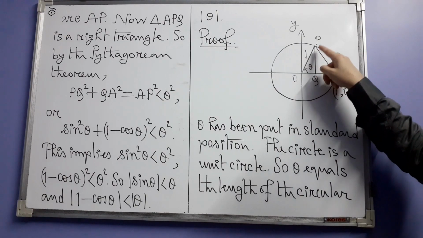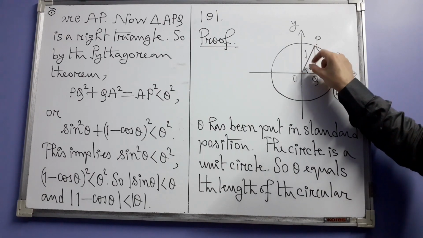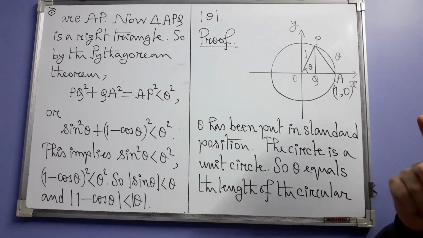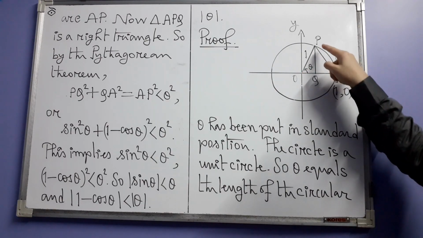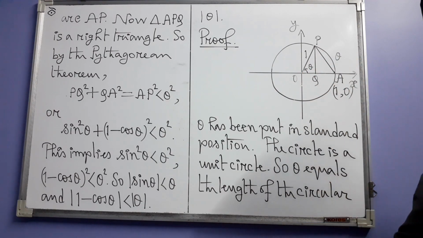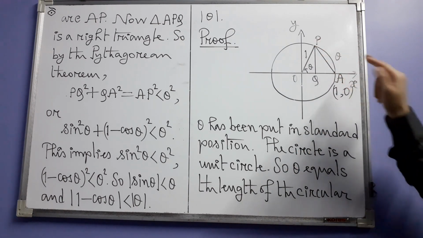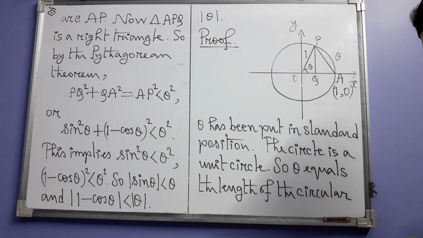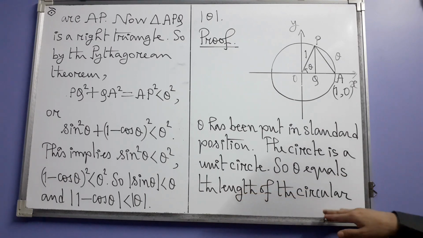Because it is a unit circle, this OP is of length 1. So AP divided by 1 is theta. So this circular arc is of length theta. Okay, so theta equals the length of the circular arc AP.